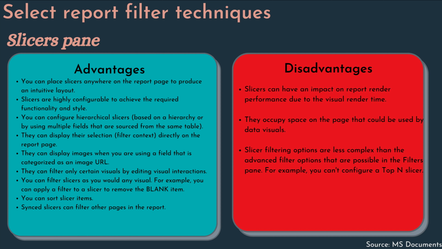Slicers can occupy space on the page that would be used by the data visual, so you won't have much space, and you always have to give some space to the slicer. And lastly, slicer filtering options are less complex than the advanced filtering options that are possible in the filters pane. For example, the top N and/or condition, or is blank, is not blank kind of things, that you can only do in the filters pane.